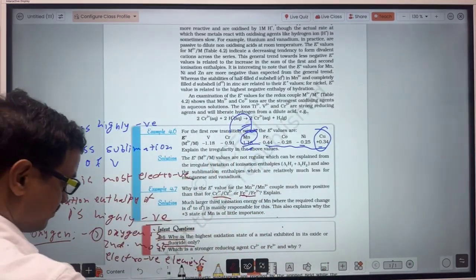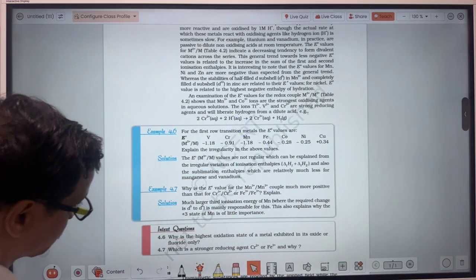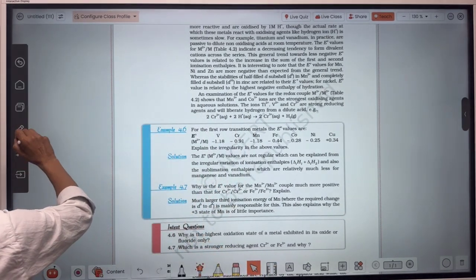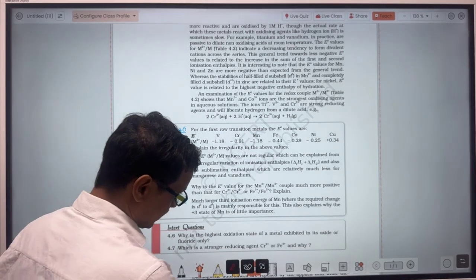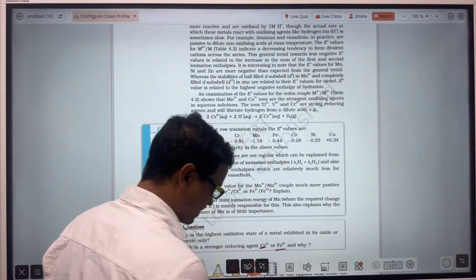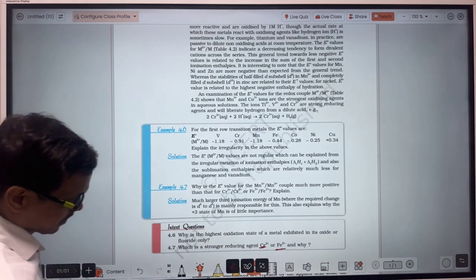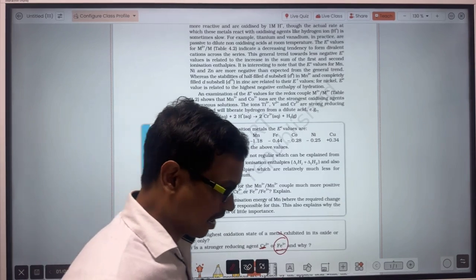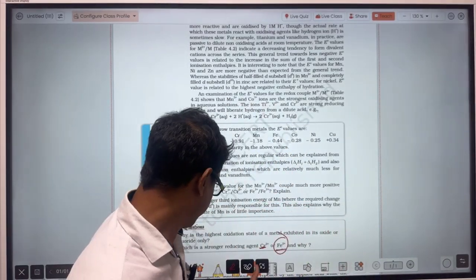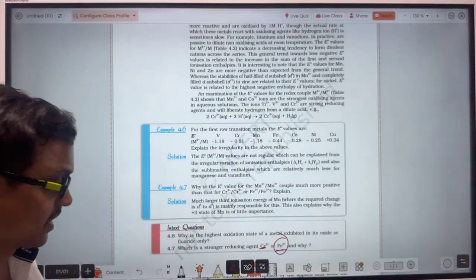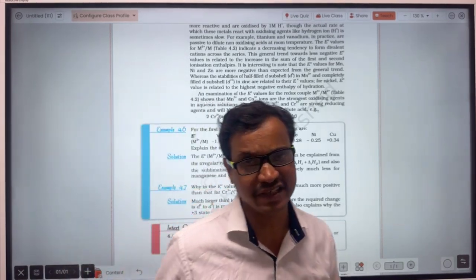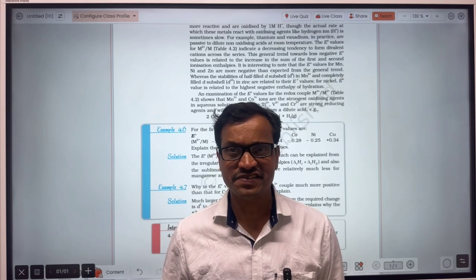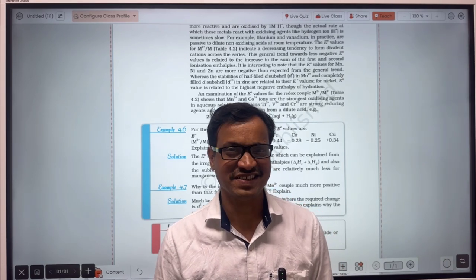Next one is: among Cr2+ and Fe2+, which is the stronger reducing agent? So what happens here in Cr2+ and Fe2+? Let's see which one is more stable. In the case of Fe2+, Fe3+ will contain a half-filled d orbital. So Fe2+ has a high tendency to go to +3 oxidation state.